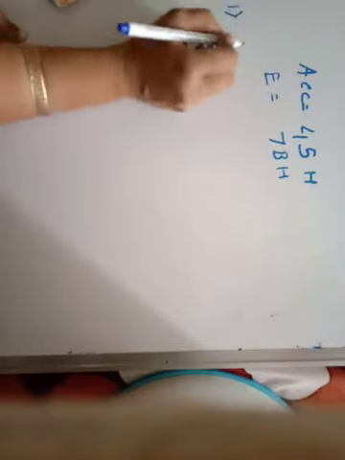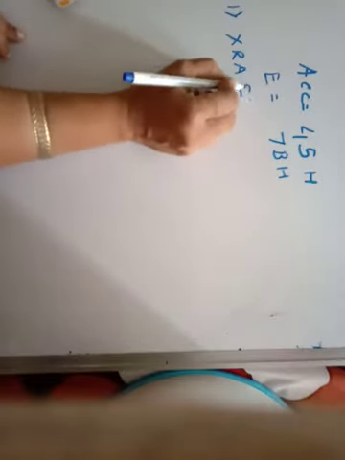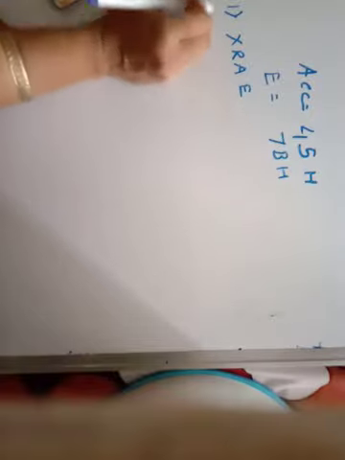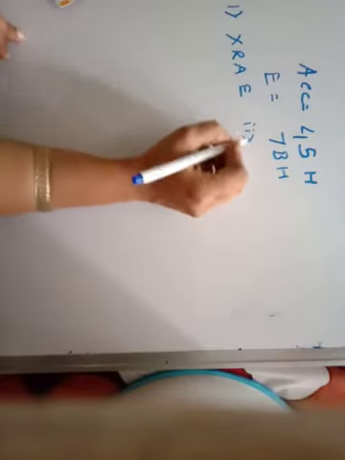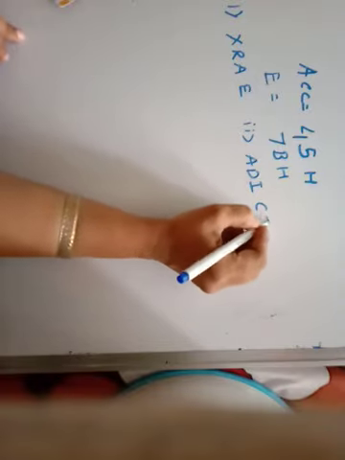Means you have given the instructions, the instructions that we have seen already. So this is the first instruction. Then your second instruction is ADI C5H.